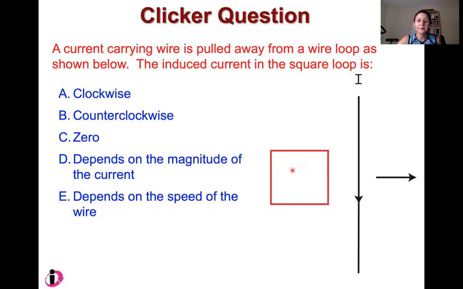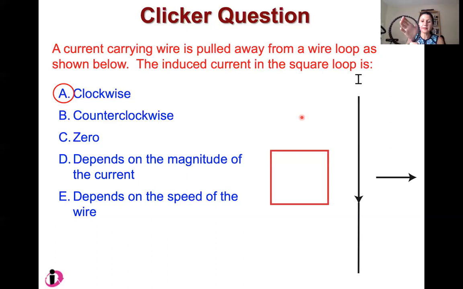So our induced magnetic field wants to oppose that change. It wants to point into the board, because we're decreasing the magnetic field into the board. So now if we use our right-hand rule, we want our fingers to point into the board.